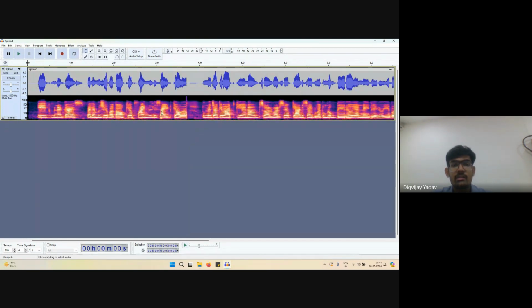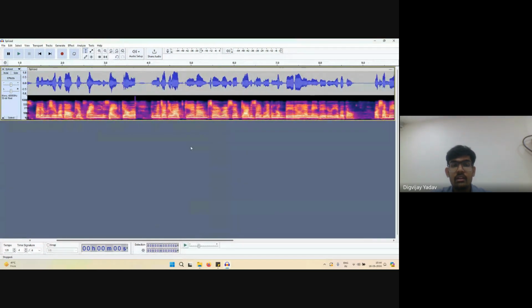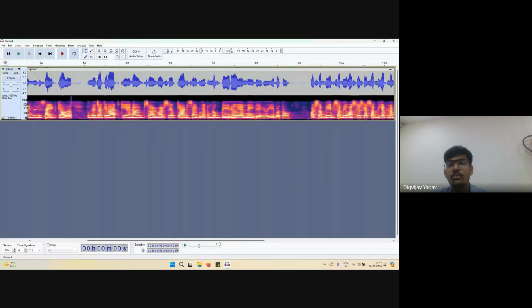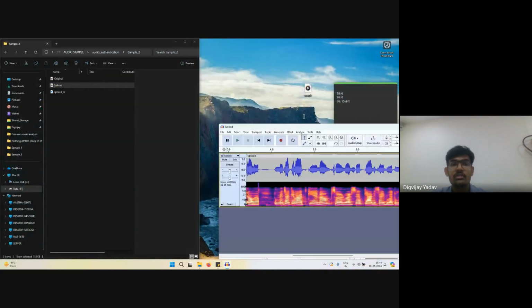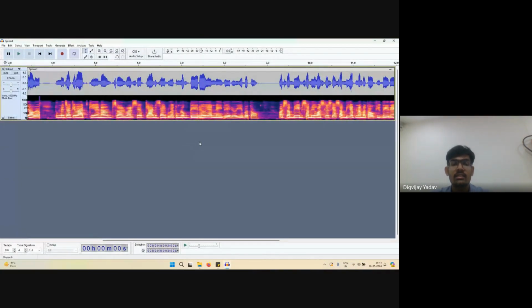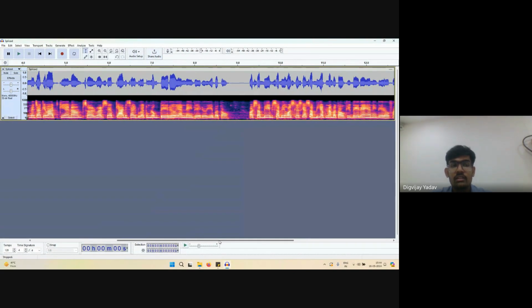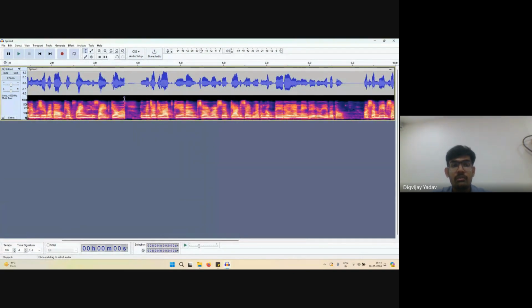So this doesn't really seem to be a normal voice that is being modulated. You might be seeing very uneven fringes, and that is just because of when a person splices the exact same audio. But we can also see that the audio has been edited in a certain manner, which is visible here also.